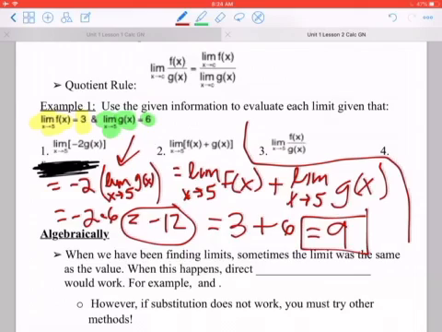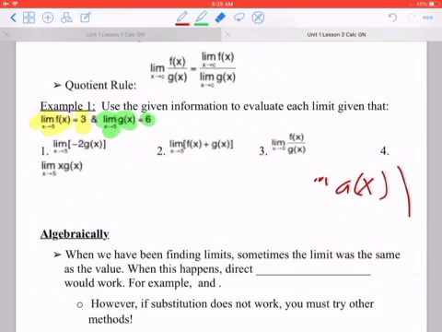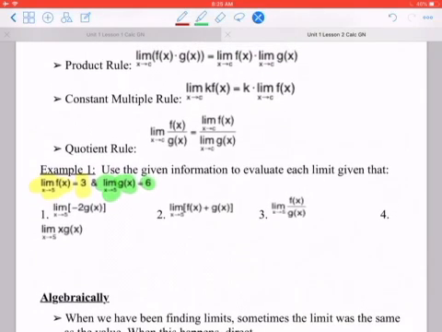Of course, you're not always just going to have a value for your function. You may actually have to plug it in to a real function. Okay, so I'm going to erase what I have here, and then we'll do 3 and 4. Alright, number 3, that's going to be your quotient rule.